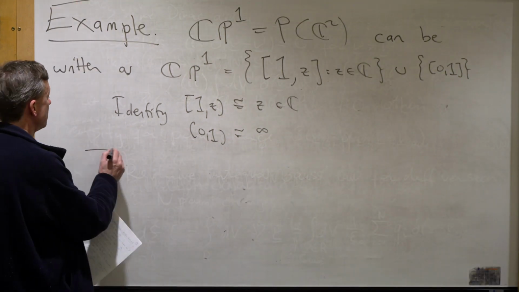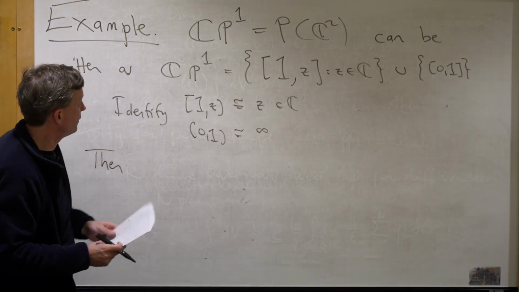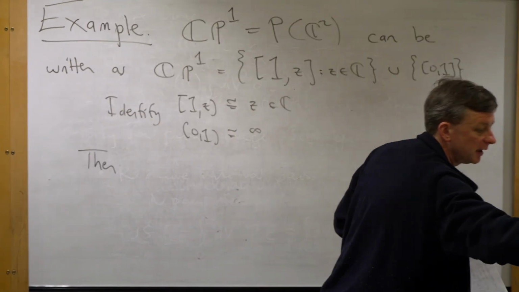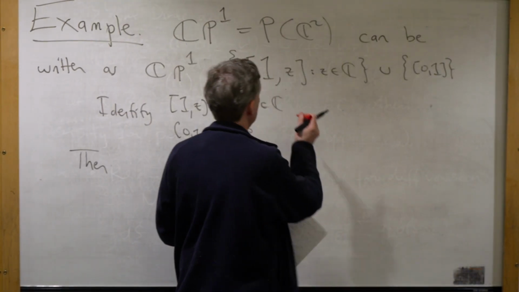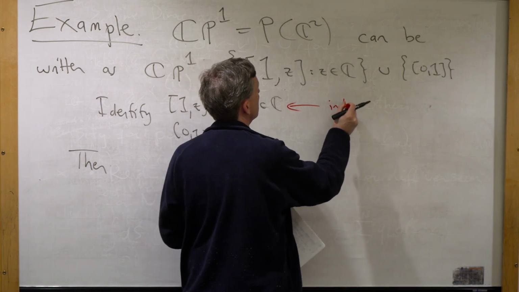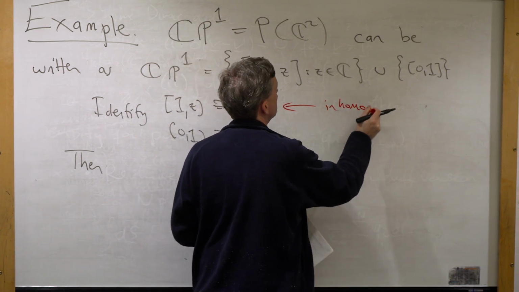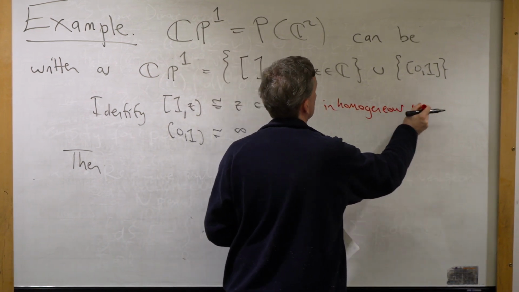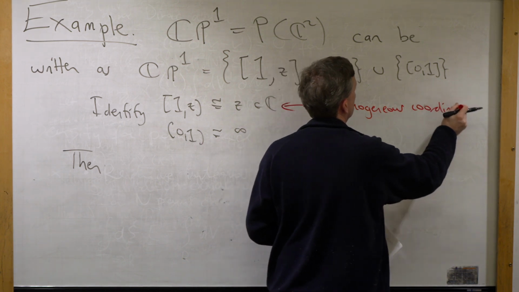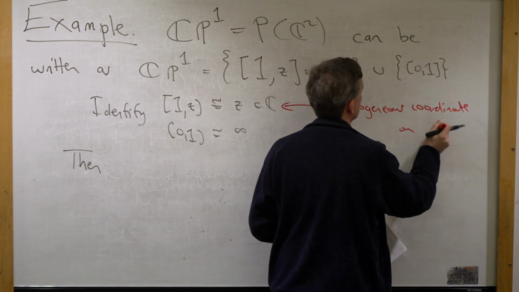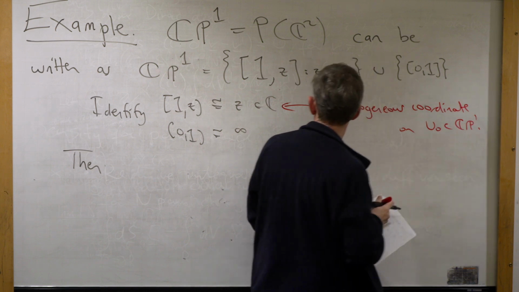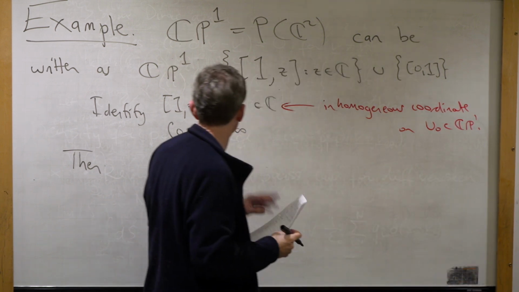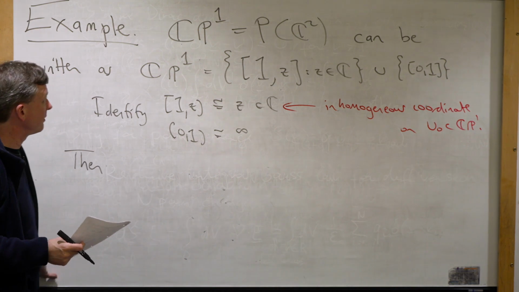So then, this is the inhomogeneous coordinate on, well, the kind of U0 in CP1. And this is the point at infinity, which is only one point in this dimension.